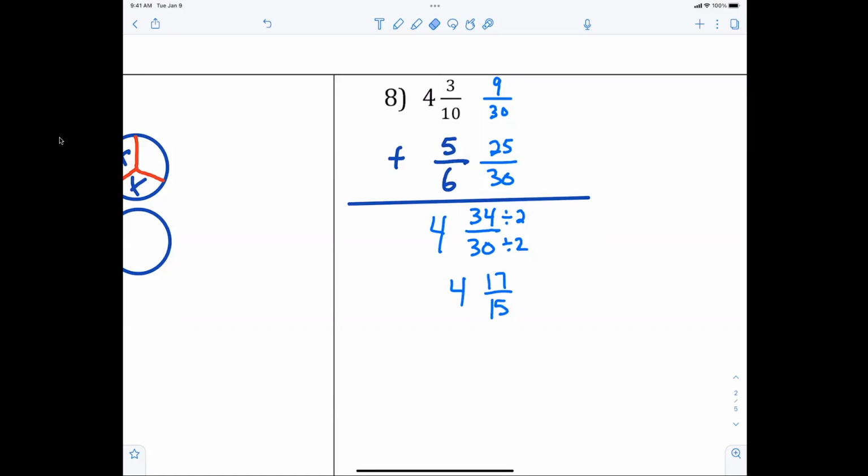So 17/15 is how much? What is that? Say it. You're amazing. So altogether, my answer is 5 and 2/15.